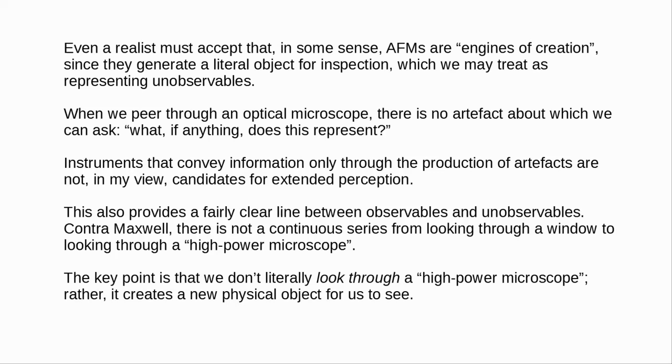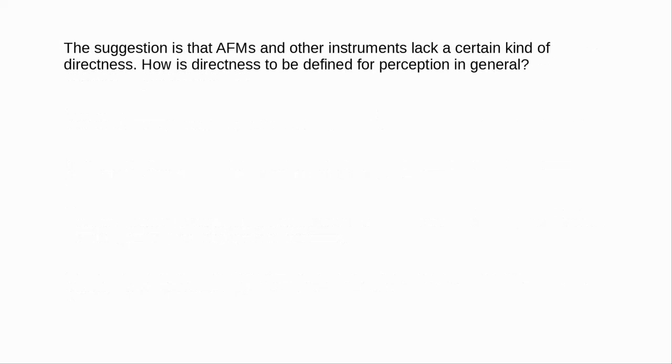So, the idea then is that what's missing in images created by atomic force microscopes is a certain kind of directness, since the object that is revealed by an atomic force microscope is detected only via perceiving another object.